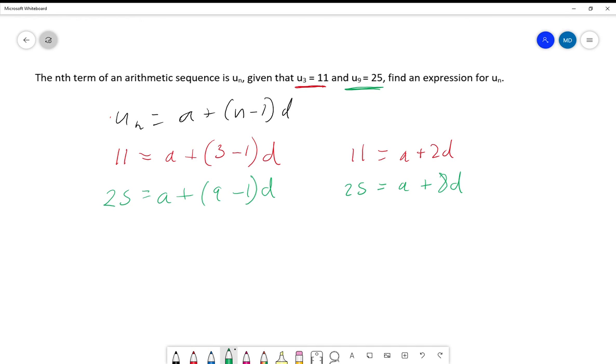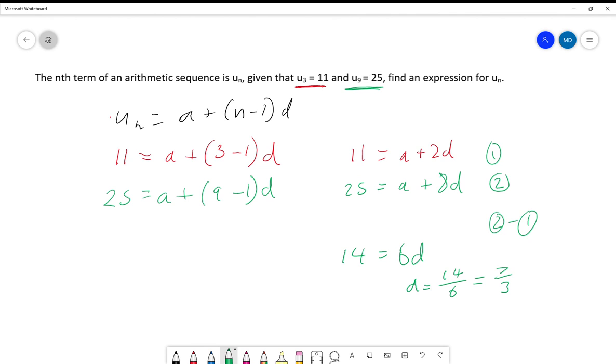If I do equation 2 subtract equation 1, we're going to end up with 25 take away 11 is 14, is equal to a take away a is 0, good, and 8d subtract 2d is going to give us 6d. So just applying standard simultaneous equations there. And then we divide by 6 and we get d is going to be equal to 14 over 6, which is equal to 7 over 3.